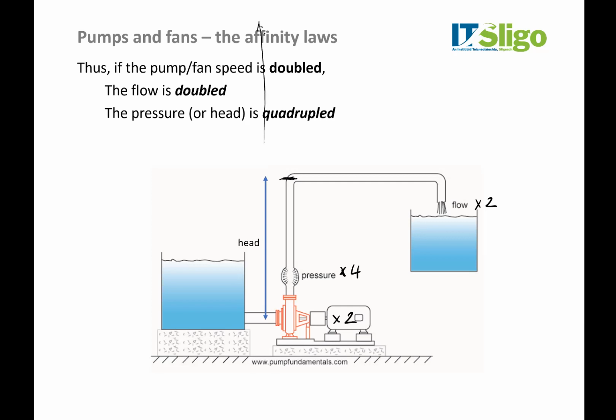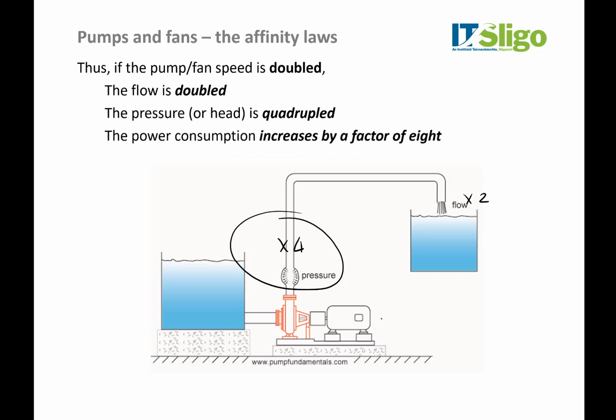So head is the idea of, in an open system, how high can you pump the water, and pressure is, in a closed system like your radiators, how much pressure would build up in the pipes if I doubled the speed of the pump. So when you double the speed, it doubles the flow, and quadruples the pressure or the head, whichever we're talking about.